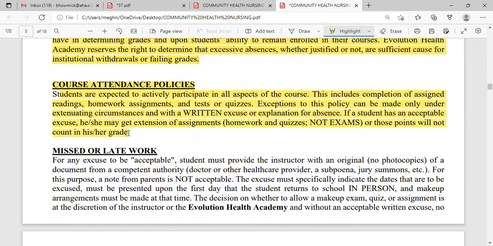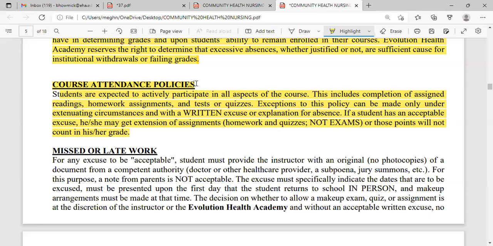That includes completion of assigned reading, homework assignments, and also the quizzes. Exceptions to this policy can be made only under extenuating circumstances and with a written excuse for why you were absent.